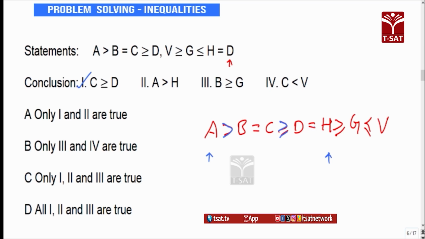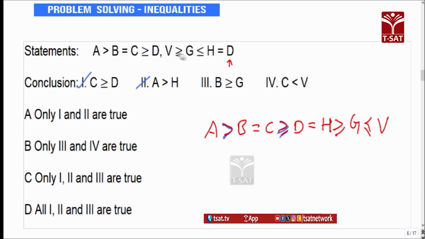Then you have equal to H. So equal is there, it doesn't matter, because B is equal to C, C is greater than or equal to D, which means directly I can say that B is greater than or equal to D, because in place of C I can write B here also. So equal means showing the same, so it doesn't matter. But see in this case, A is greater than H: yes, greater than symbol here, here also greater than symbol, but no less than symbol till H. So here also conclusion 2 is correct.